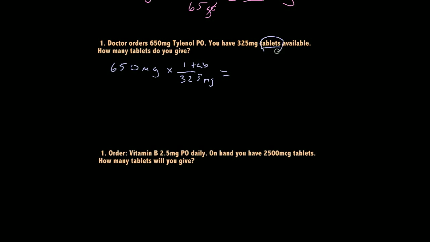We want to know how many tablets I'm going to end up putting in a little cup and giving to this guy, right? So milligrams are going to cancel out. We're going to be left with tab as our answer, so blank tab.